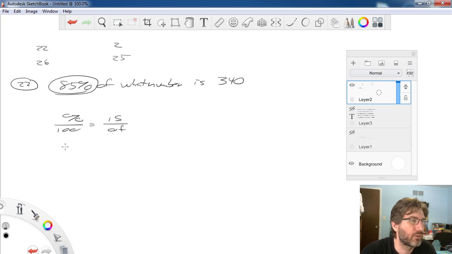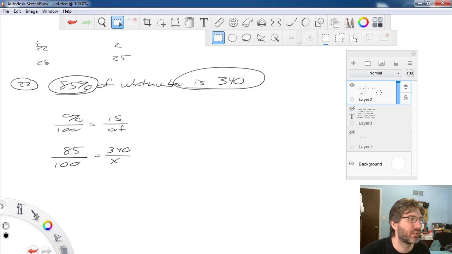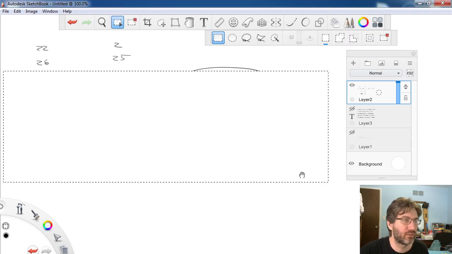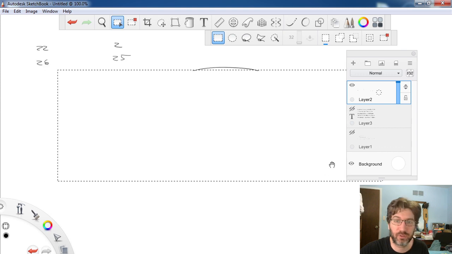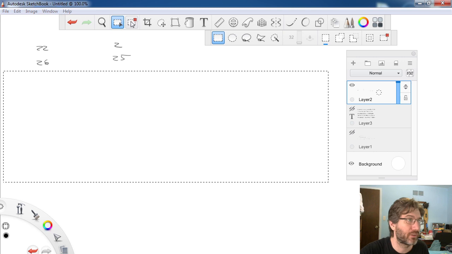There's a percent. There's an is. You can solve it from there. Cross multiply and then divide out to get your x. That's going to be done the same way for all 3 of those problems.